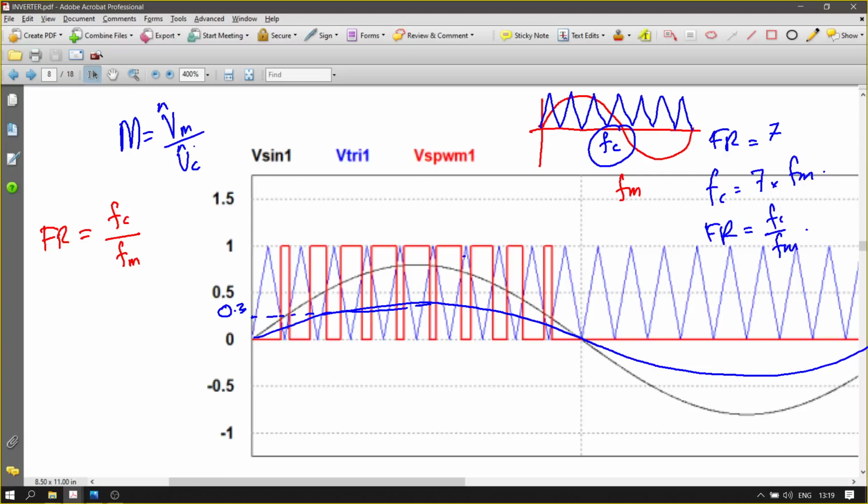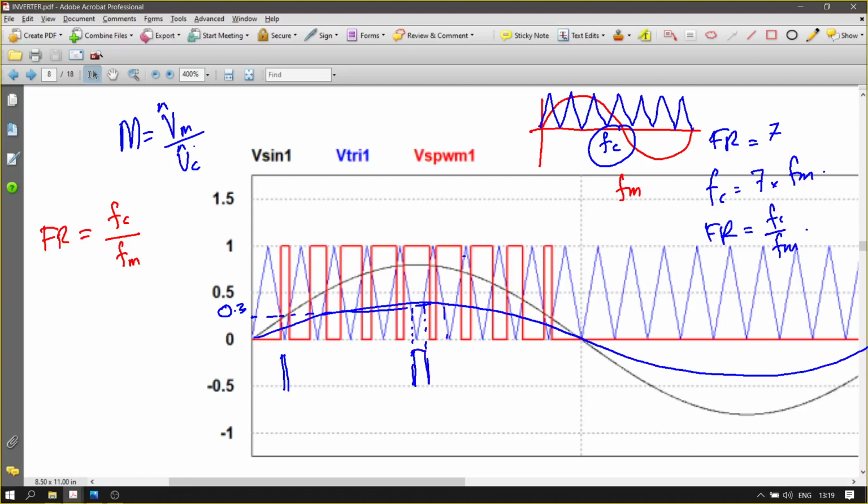Because now I will see that the pulse here is getting smaller, because the intersection is getting smaller, so I will get a smaller pulse there, and that is also getting smaller here. You can trace that. You can also draw that if you like.